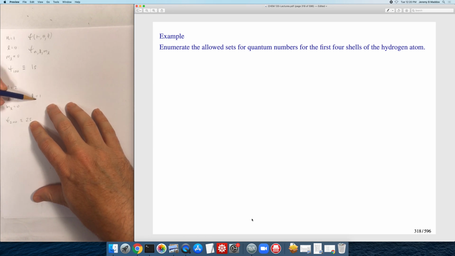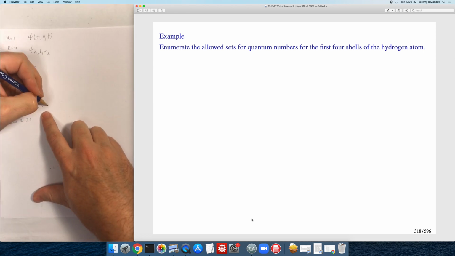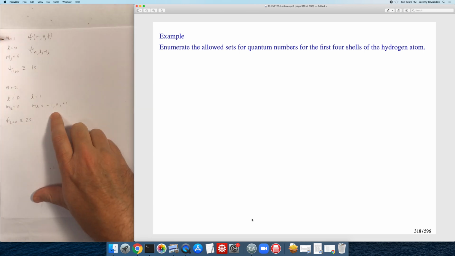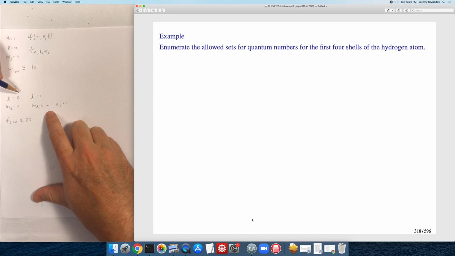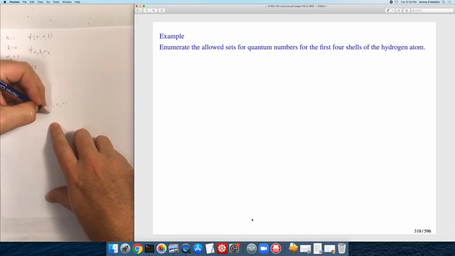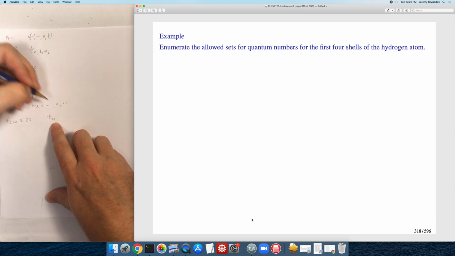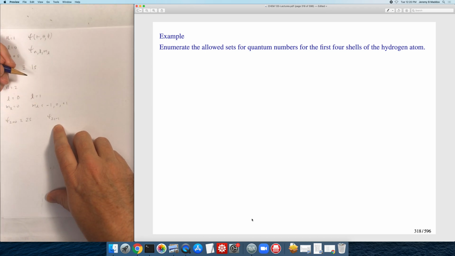Well, when L equals 1, m sub L can take on multiple values now. It can take on the value of -1, or 0, or +1. And so we are going to get multiple combinations. So we can have a psi 2, 1, -1.